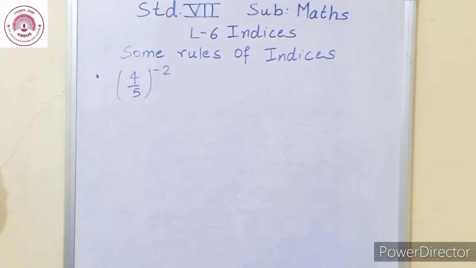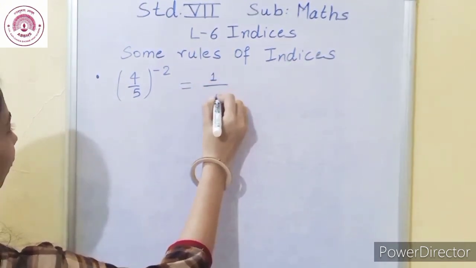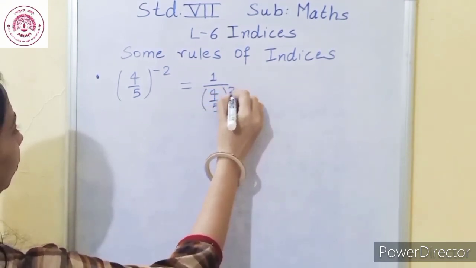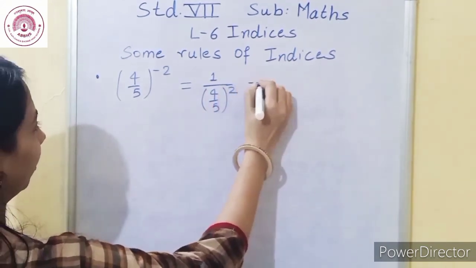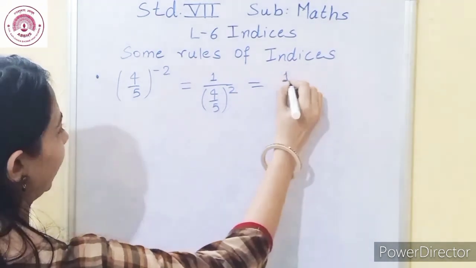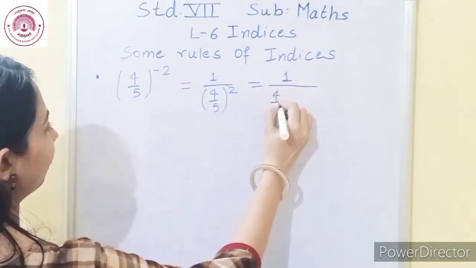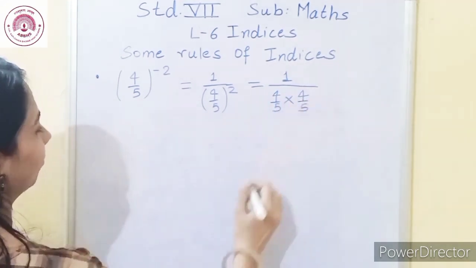So, it can be written as 1 upon 4 by 5 raised to the power 2. Now, simplifying this, it can be written as 1 upon 4 by 5 multiplied by 4 by 5.